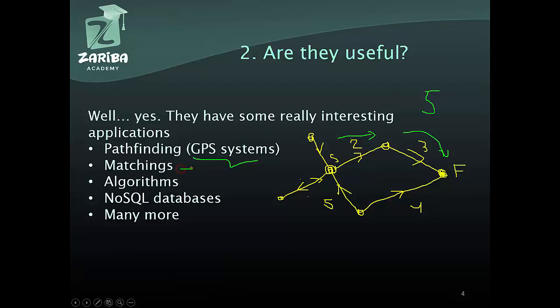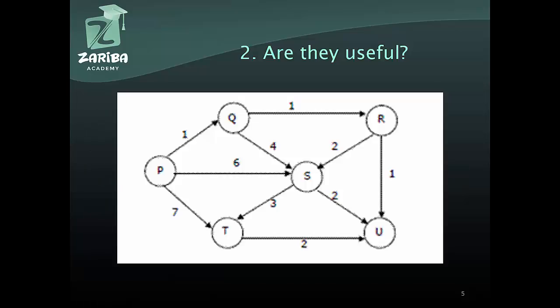Okay, then we have matchings, we have different algorithms, NoSQL databases, and many more. So I have some slides here with some pictures that can probably explain it a little bit better. So yeah, this is the example that I gave. So let's say that we want to go from P to U in the shortest possible path. Can you find it?